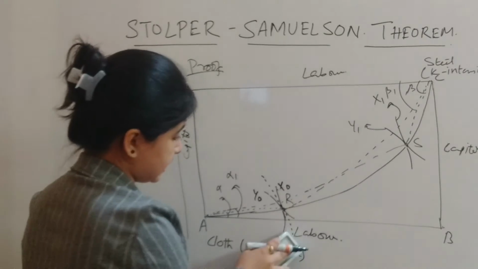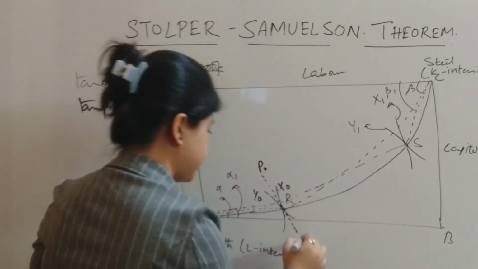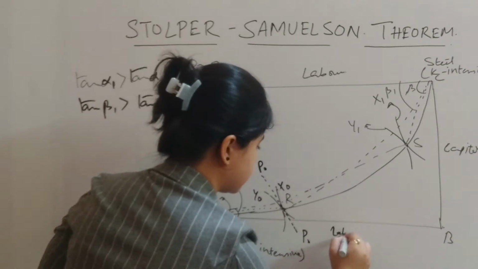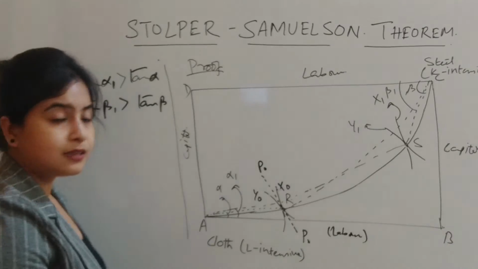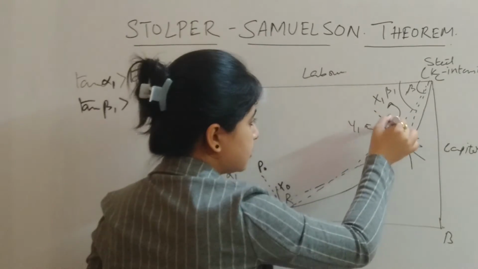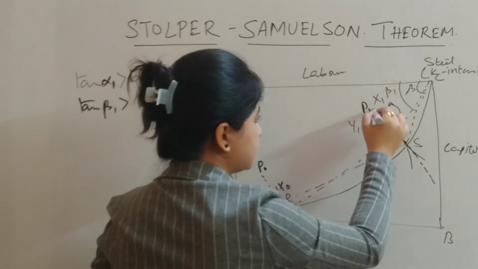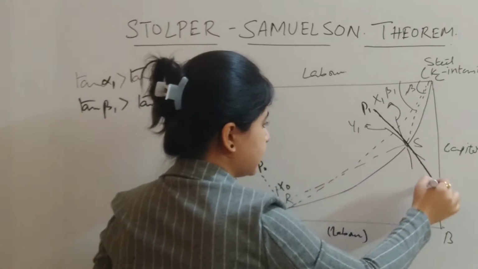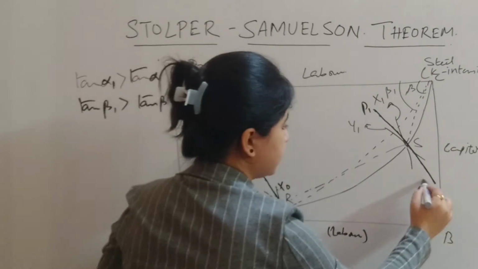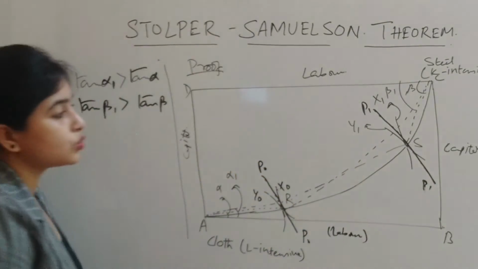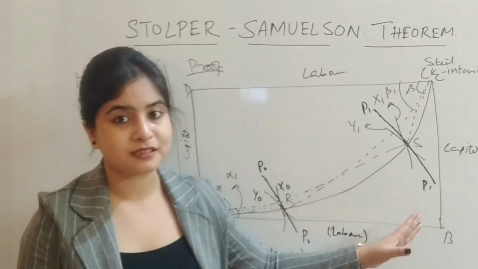So this line, let's say P0, is the initial price line, and let's say P1, or let me just draw it as a solid line. P1 is the price line after the trade is taking place.